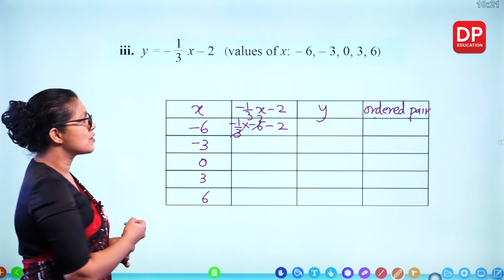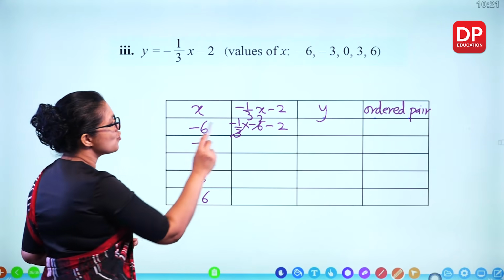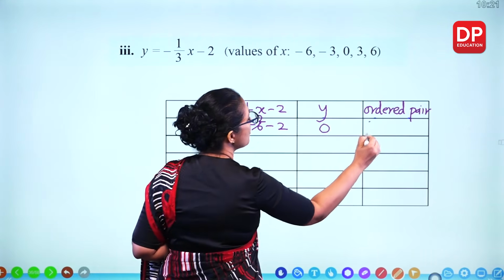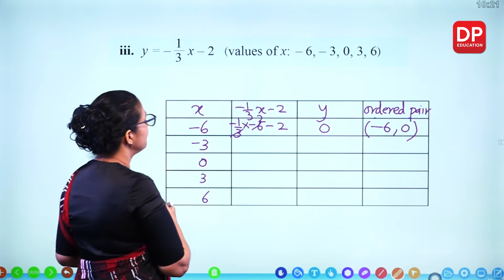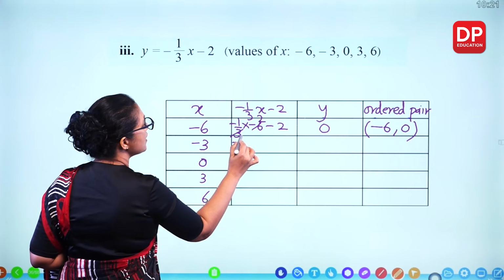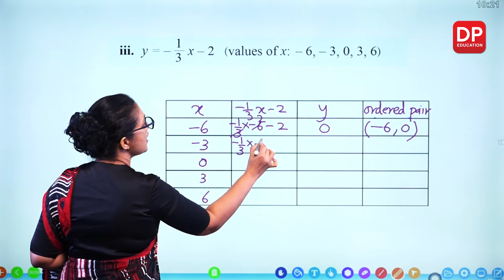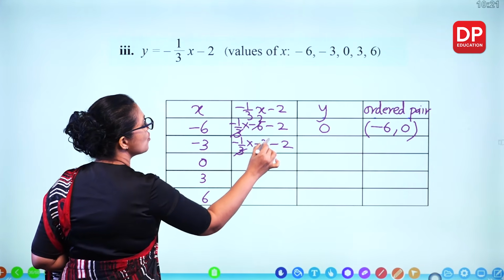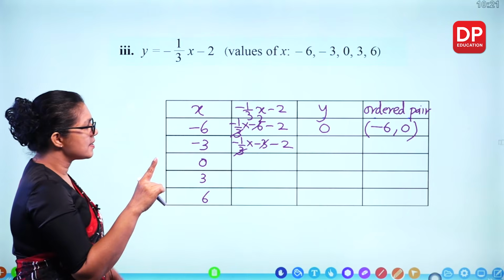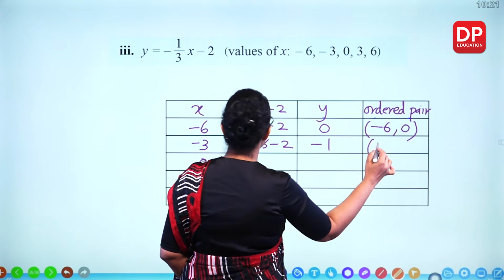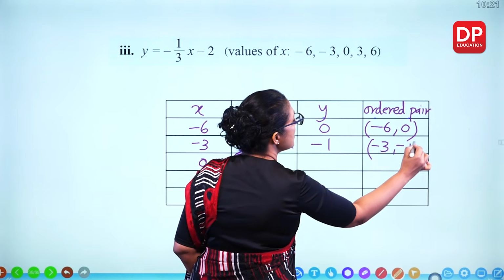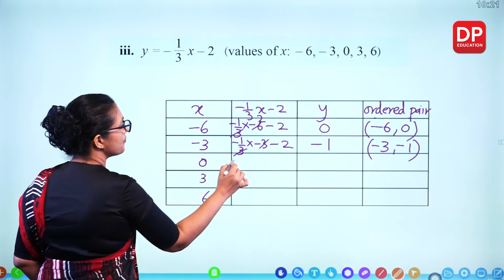Minus 1 minus 2 plus 2 is 0... minus 2 plus 2 minus 2, 0. Minus 6, 0 is the pair. Minus 1/3 into minus 3, minus 2. Minus into minus is plus, plus 1 minus 2, you get minus 1. Minus 3 and minus 1.